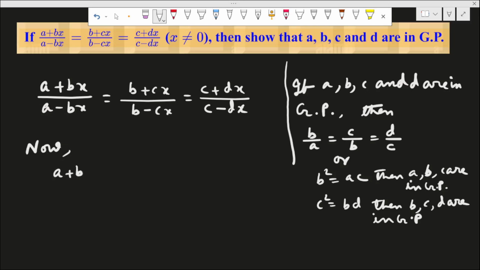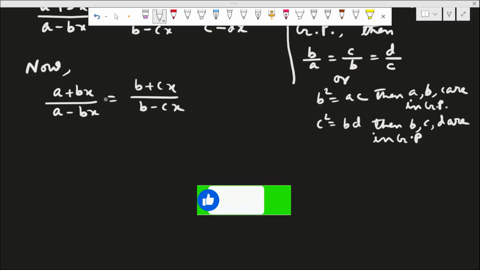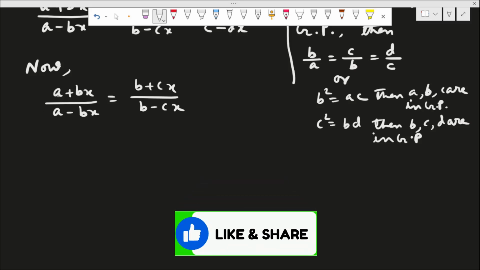Now look into this equation. Left hand side, sum of two terms in the numerator, difference of two terms in the denominator.